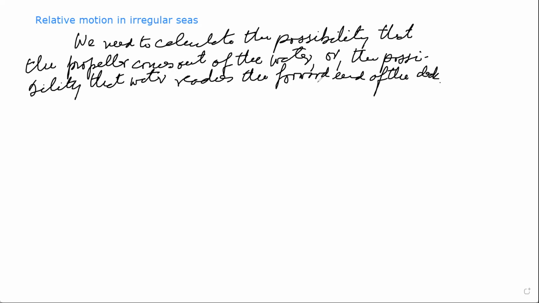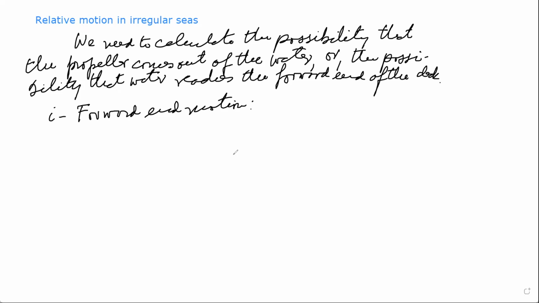In both cases, we need to calculate relative motion. Let's go first with the forward end. Remember, we want to calculate the RAO.